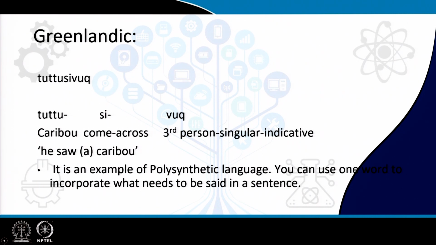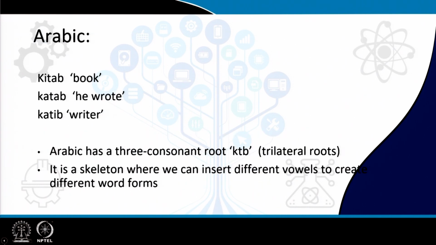So, "he saw a caribou" is basically one word, but it indicates one entire sentence. So, it is an example of a polysynthetic language. You can basically use one word to incorporate what needs to be said in a sentence. This is of course different from Turkish. This is an example of an incorporating language.